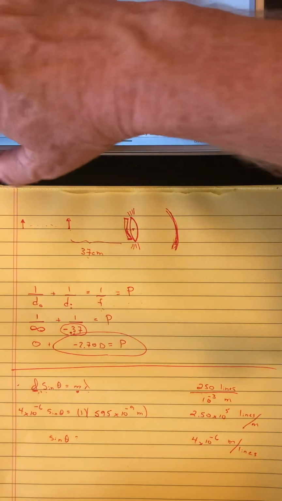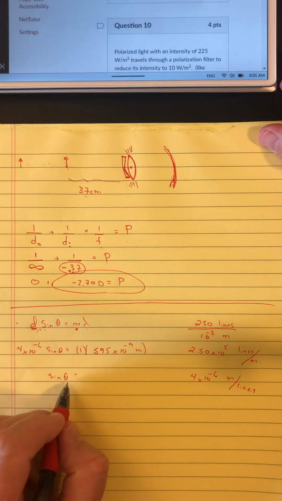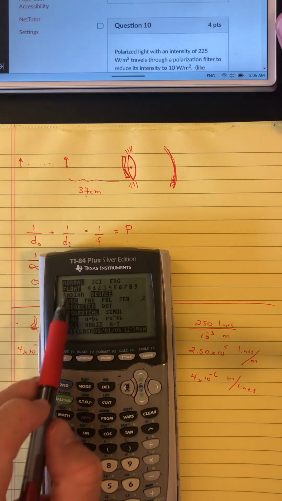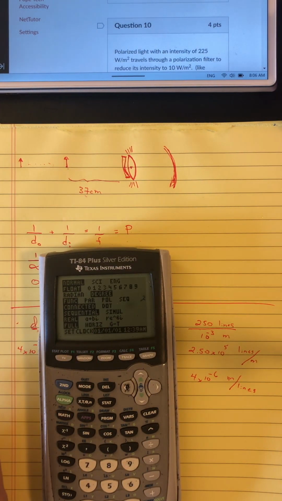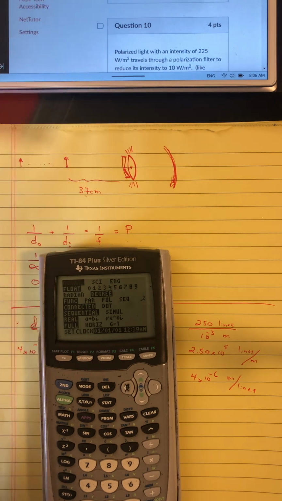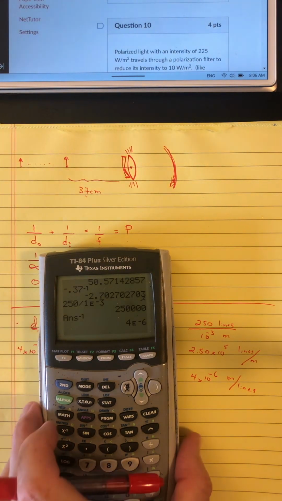And then, of course, now I've got some mathematics to do in order to solve this. Now, let me just check the mode of my calculator. I'm in degrees because I'm looking at solving this for the angle, and I see that my answer options are all in degrees. So I just want to double check that.